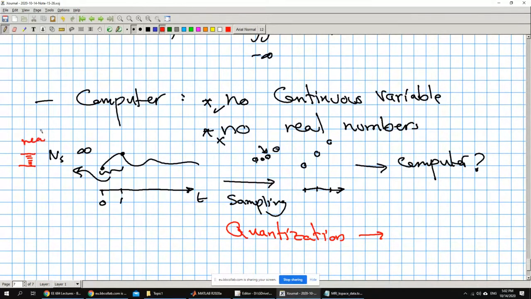This is a real number. If each one of these values should be represented in your number, then you have to have infinite number of resolution, number of bits. Because here, you have infinite number of points, infinite number of levels. So basically you have to have finite number of bits.